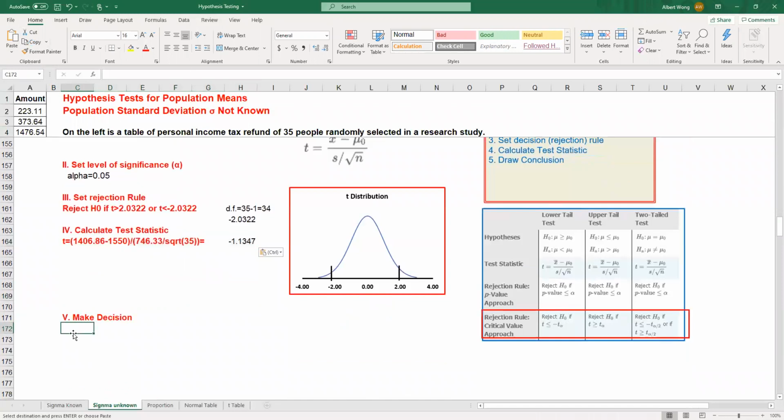So the decision would be, since T is equal to negative 1.1347, this is not less than negative 2.0322 or greater than 2.0322, so do not reject.